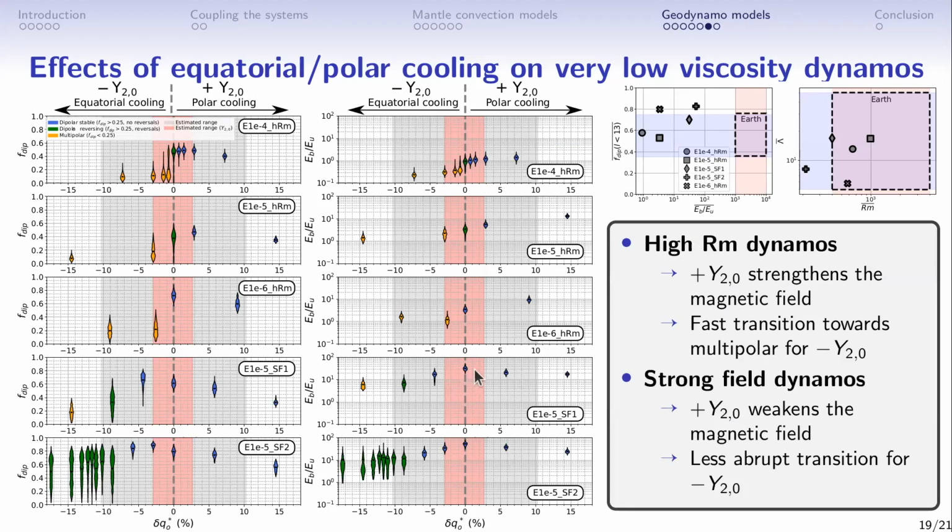The plus Y20 pattern slightly decreases the magnetic energy, while the minus Y20 pattern implies a much less abrupt transition towards multipolar dynamos. In the SF1 case, we still obtain a multipolar dynamo for amplitudes that are much larger than what we expect for the Earth, while for the SF2 case, we don't even obtain any multipolar dynamos.